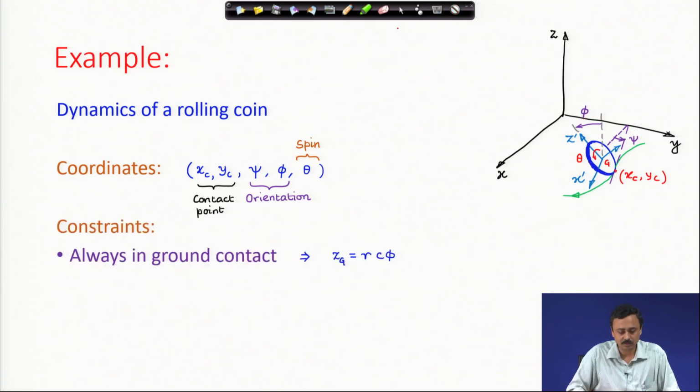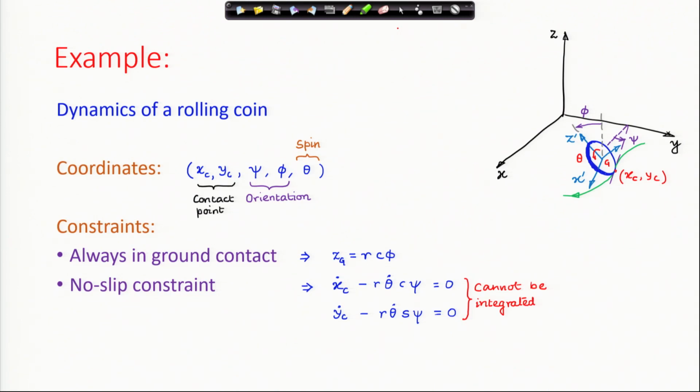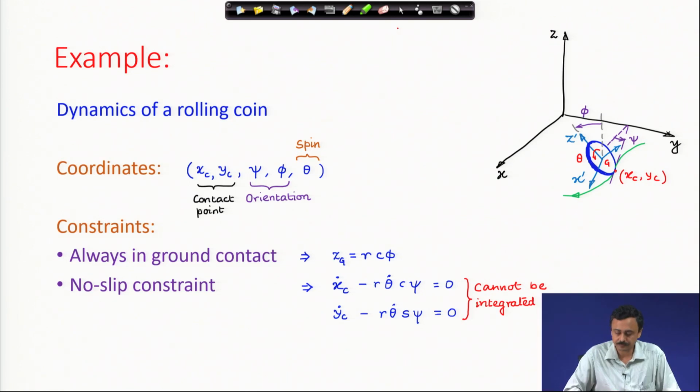These are our coordinates. Of course, this ground contact point is always in ground contact, that constraint was holonomic constraint, that has been taken care of, but in order to find out z_g, which we will require very soon, we write it as r cosine phi, which you can check, that is the z coordinate of the center of mass, and we have these non-holonomic constraints, x_c dot minus r theta dot cos psi equal to 0 and y_c dot minus r theta dot sin psi equal to 0, and these cannot be integrated.